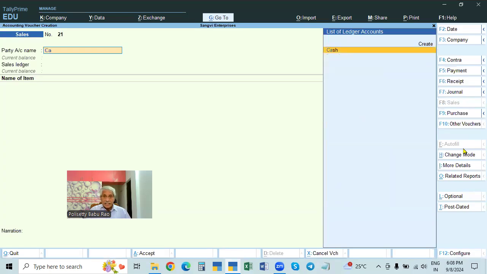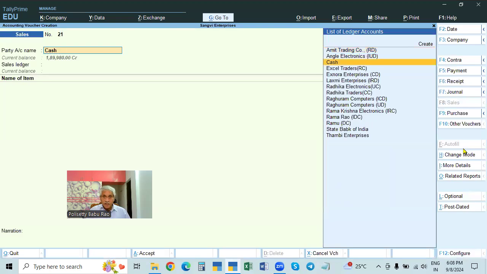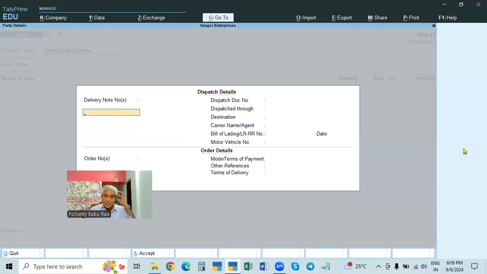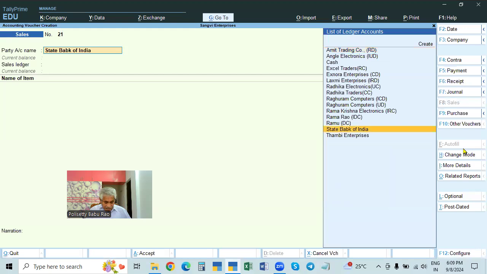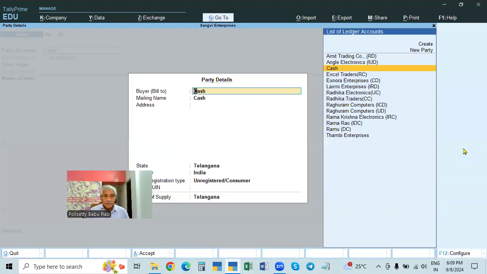So I am selling for cash. If you sell for cash, you will take cash. Or if you sell by cheque through bank, such as State Bank of India, whatever it may be, you will select that or cash. Then we will go to cash.